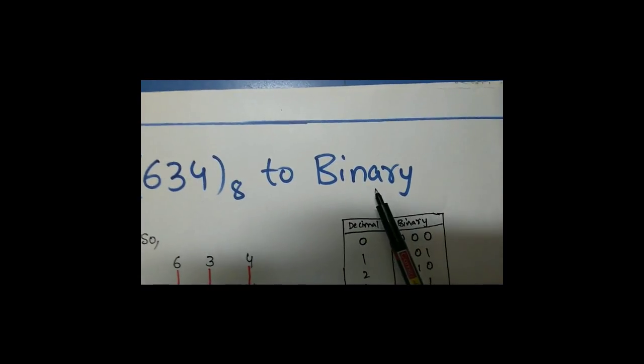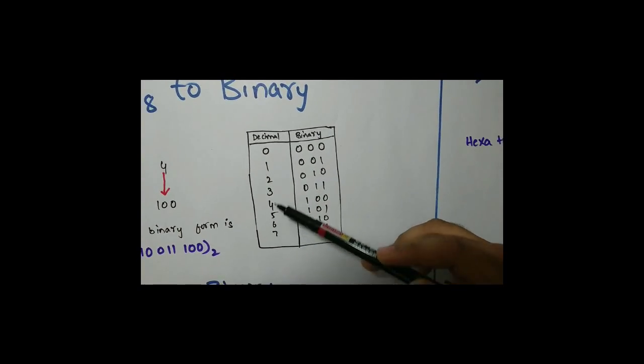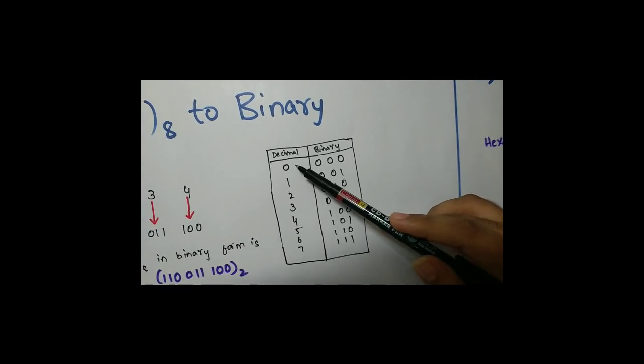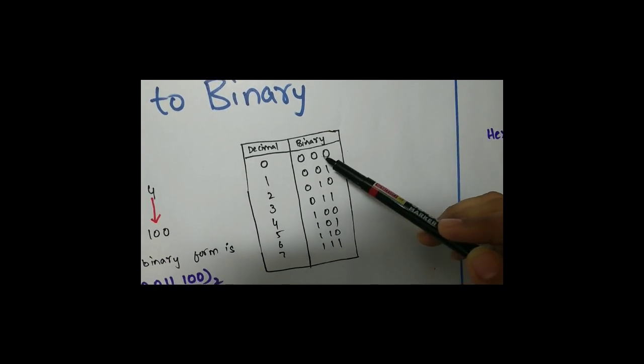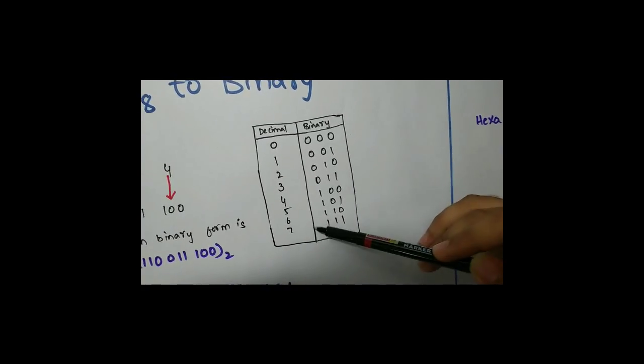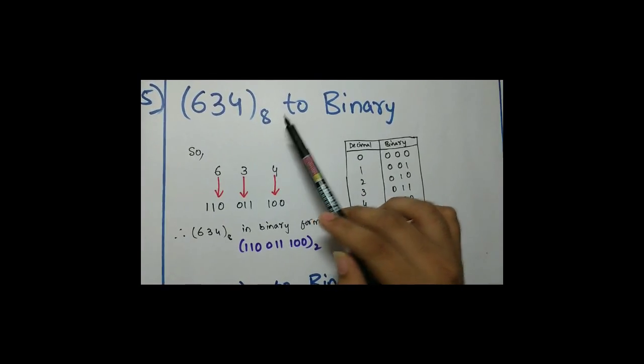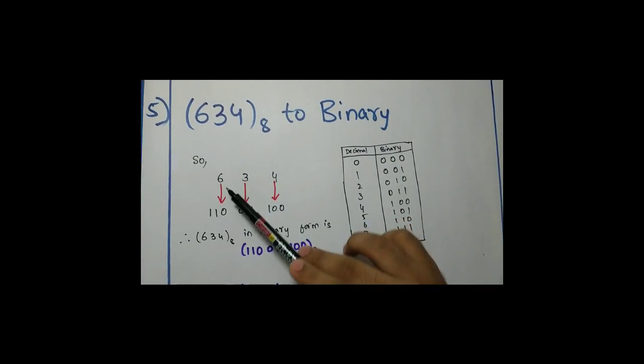We convert it to binary. First we write the decimal values from 0 to 7, where the corresponding values in binary are 000, 001, 010, 011 and so on. The question is 634 in octal, and we have to convert it into binary.